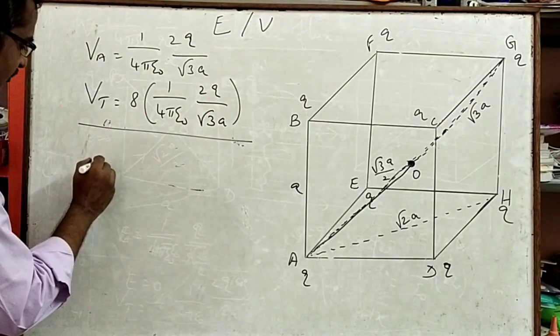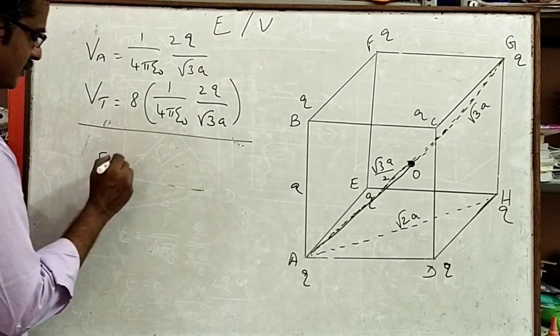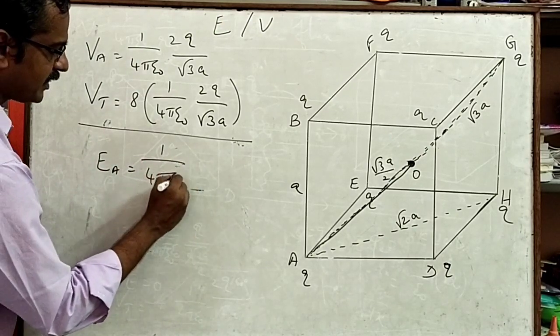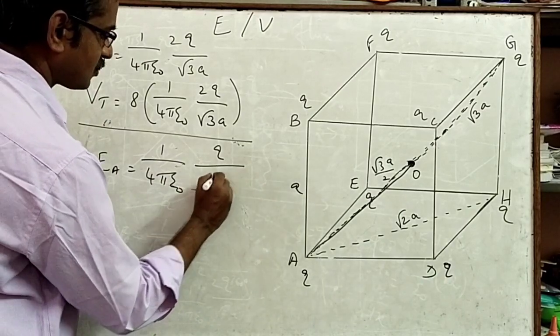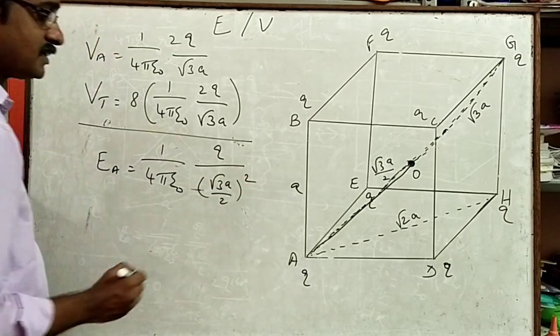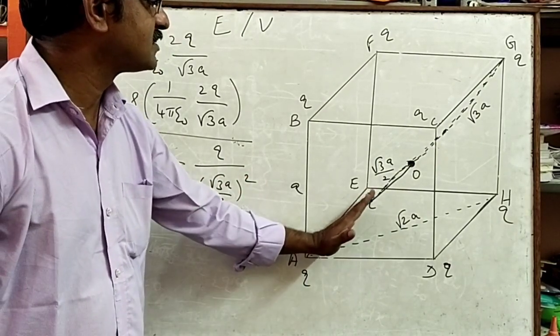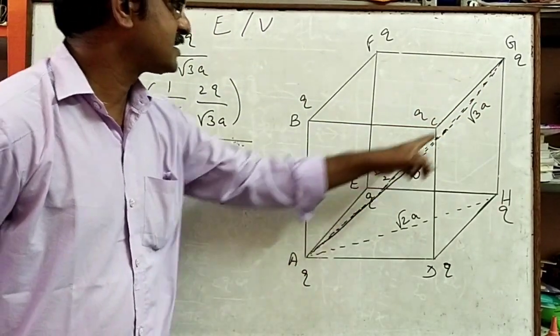Similarly, the electric field due to plus q at A is 1 divided by 4 pi epsilon naught, q divided by the square of the distance, root 3 times A divided by 2 whole square. But this is positive, so the electric field will be acting along this direction. This other charge is also positive, so its field acts along the opposite direction, and these two get cancelled.